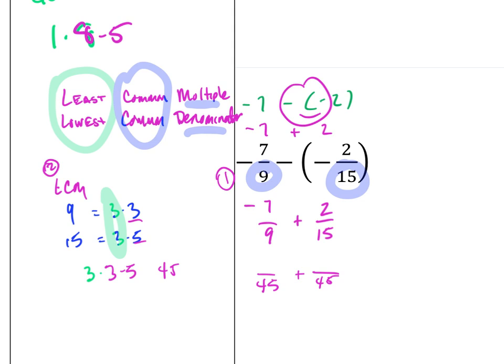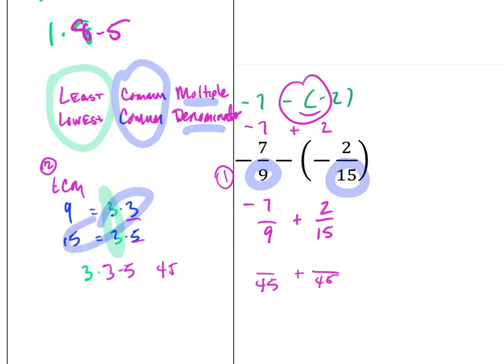If we look, 15 times 3 is 45, which means I'm going to multiply this one, 2/15, times 3 over 3, which is going to give me 6/45. Remember, 3 over 3 is 1. We're just changing the way it looks, just like you guys did on Halloween, right?